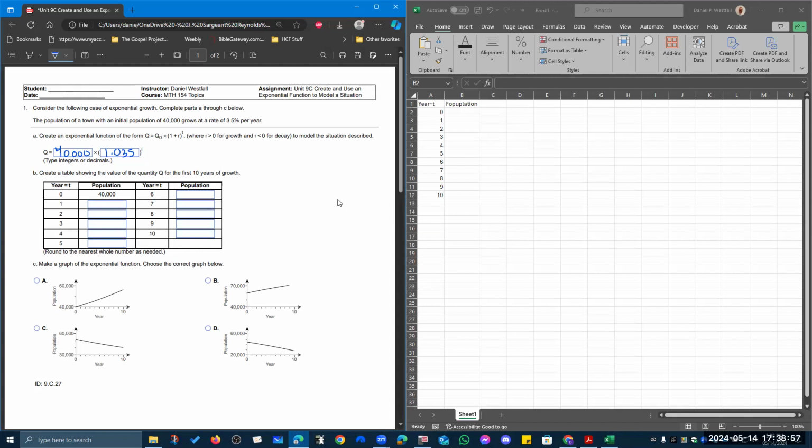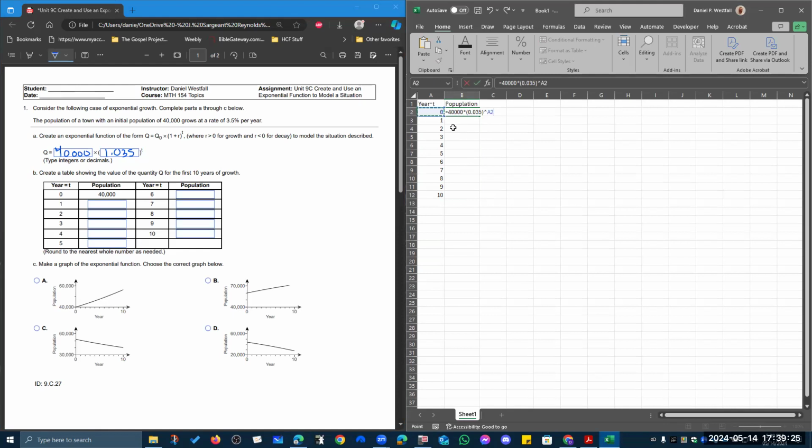Now you're going to see that I already have an Excel sheet set up here. I'm going to type this equation in here. So 40,000 times, and then in parentheses here, 1.035 raised to my variable, which is going to be the year, t.